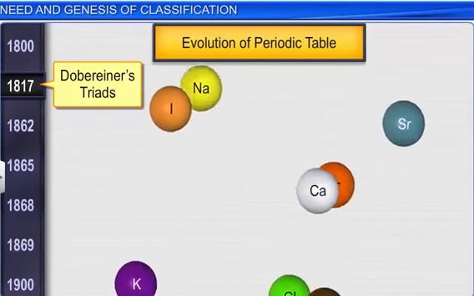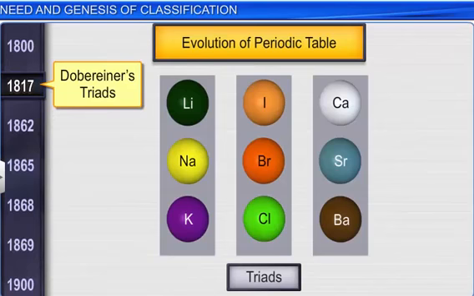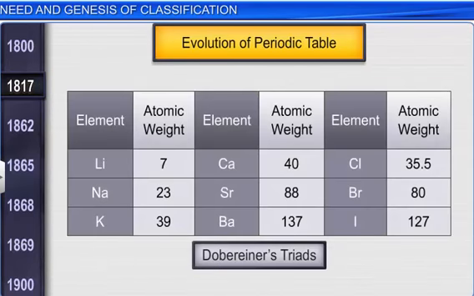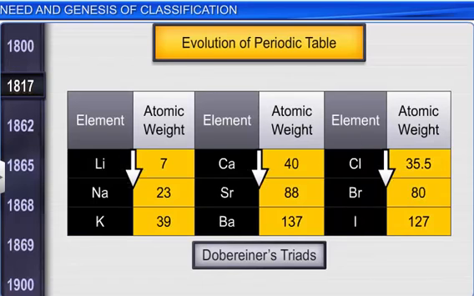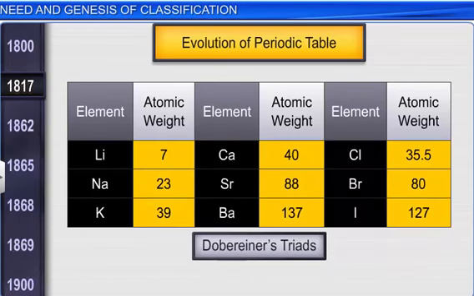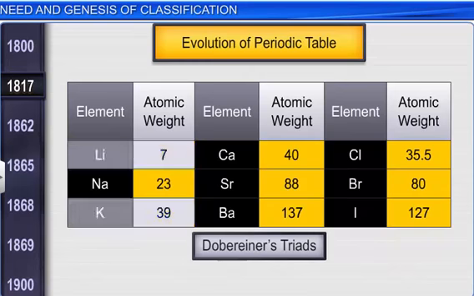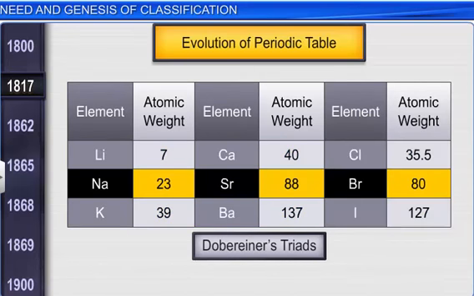He found that the elements in each triad, when arranged in the increasing order of their weights, demonstrate that the atomic weight of the middle element is the average of the other two elements. This he called the law of triads.